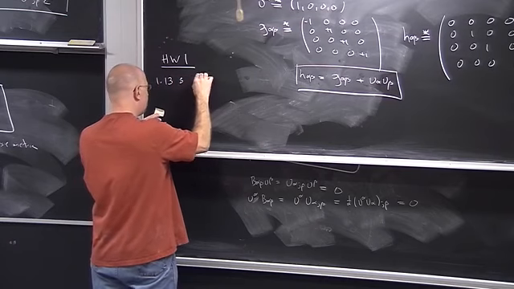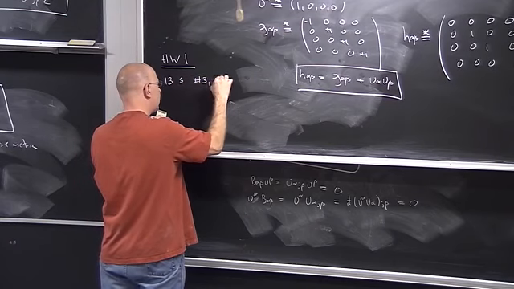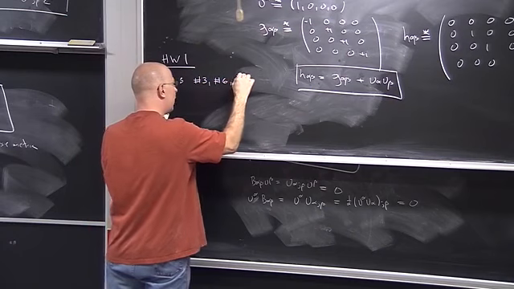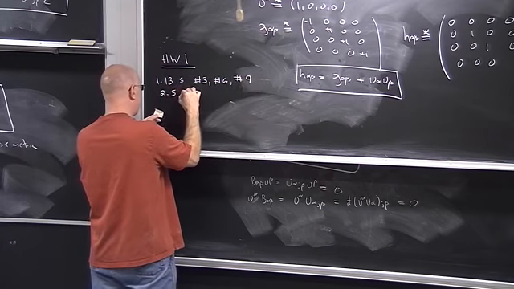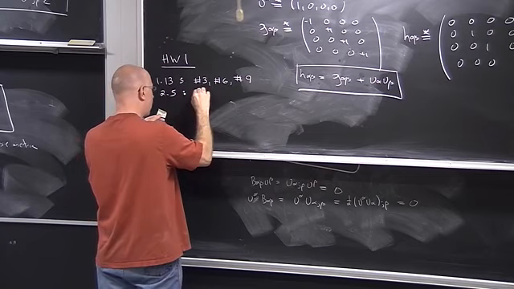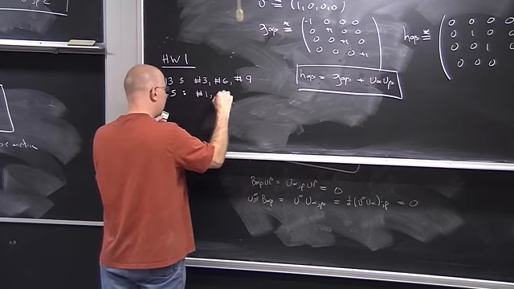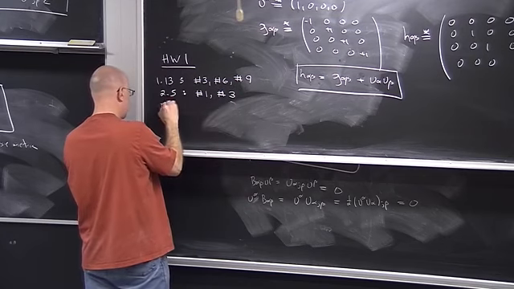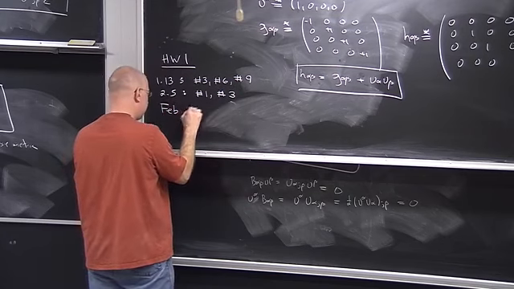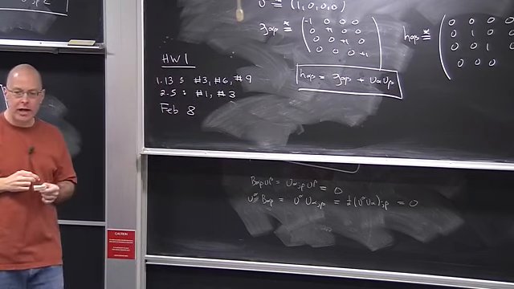I want you to do problem number 3, problem number 6, and problem number 9. And in section 2.5, I'll give you more problems in the second homework, but right now I want you to work through number 1 and number 3. And I'm giving you 2 weeks to do that, so I want them back by February 8th. So that's 2 weeks from now.